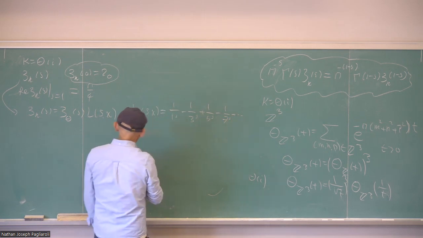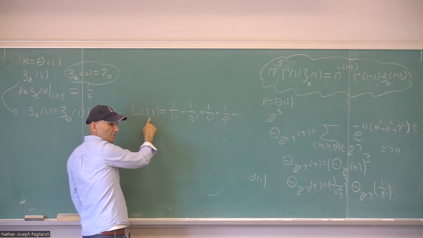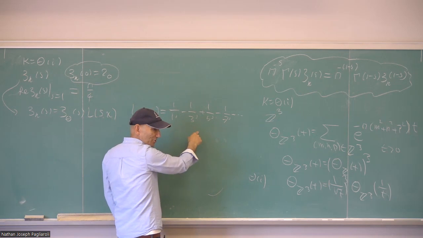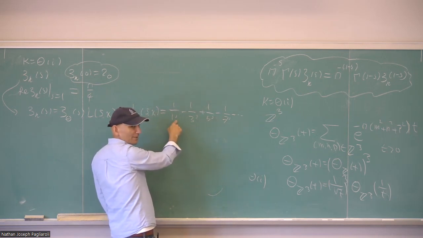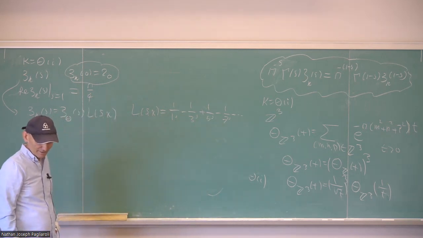The problem is we cannot calculate this at s equal to 0 because it's given by a different formula. It has an analytic extension, but we don't know that formula. You cannot put s equal to 0. You get 1 minus 1 plus 1 plus minus, which gives you nonsense, right?